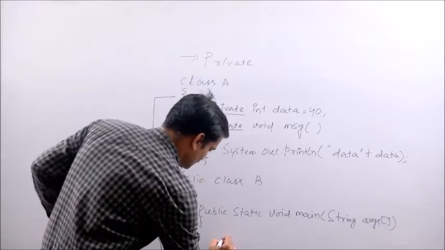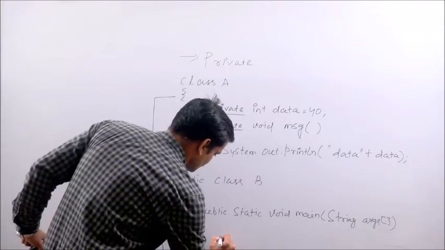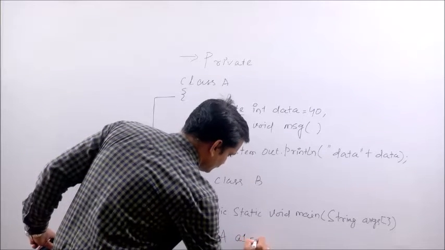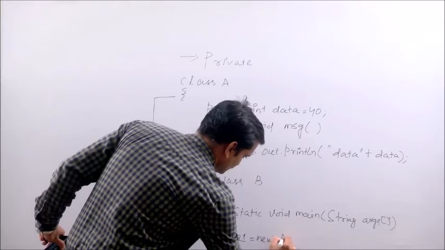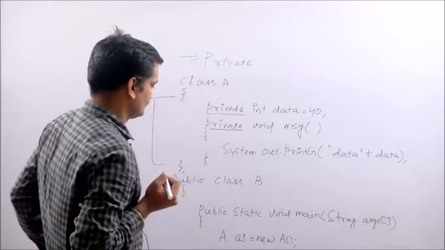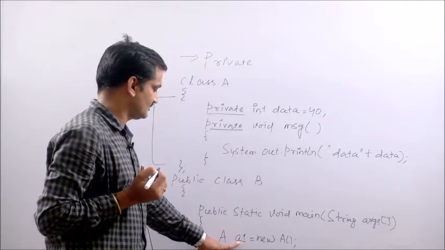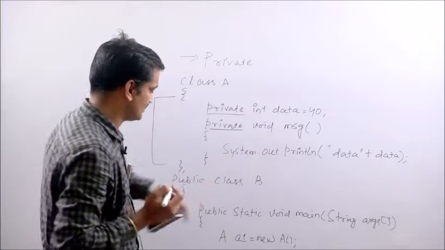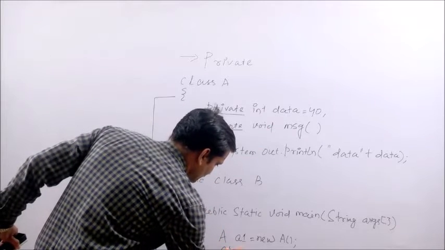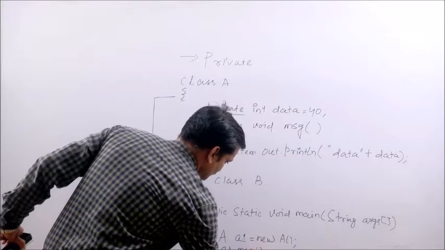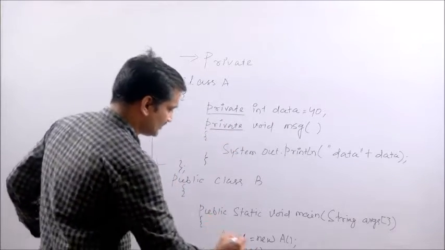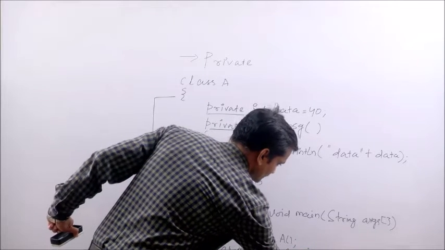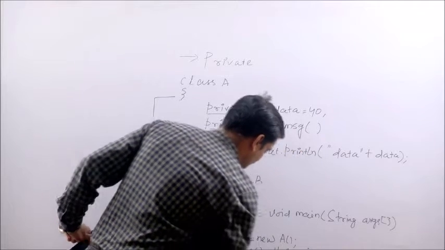Suppose I create one object of this class A in class B. We can create it as A a1 = new A(); this is how we create the object a1, which is an object of class A. Now, through this object, if I write a1.msg() and call the method MSG, this will give you a compilation error.